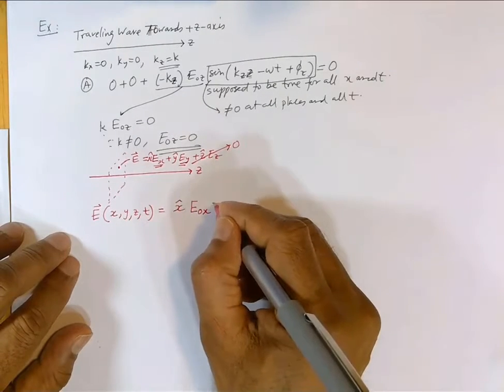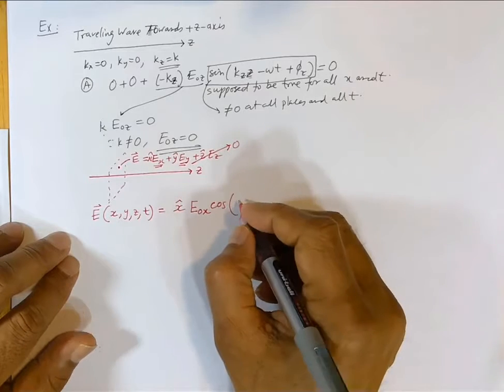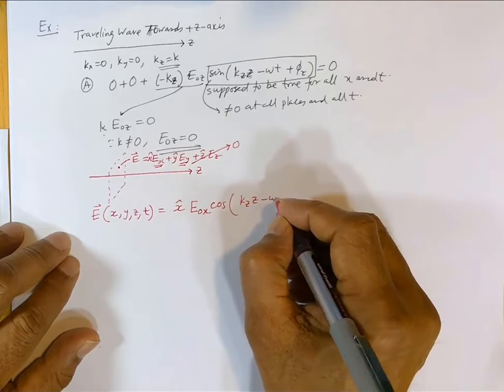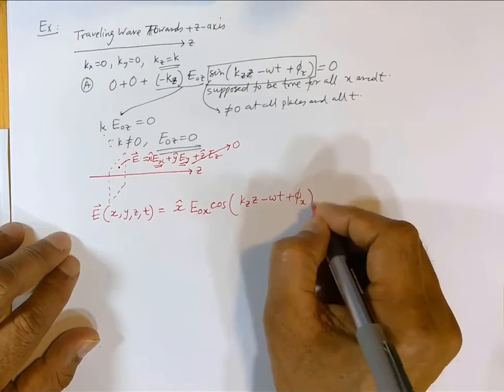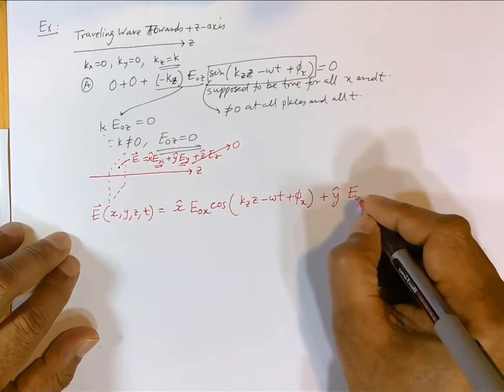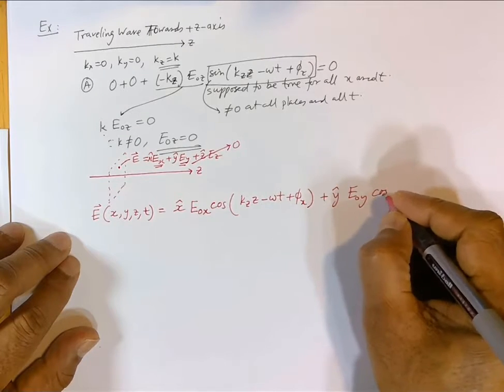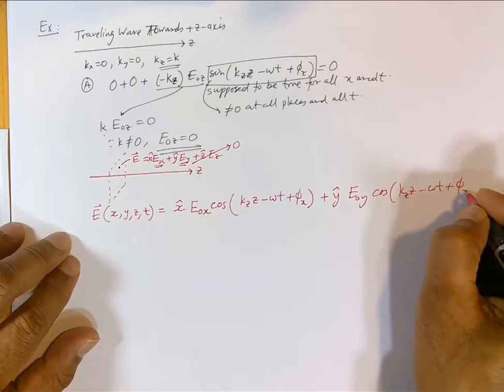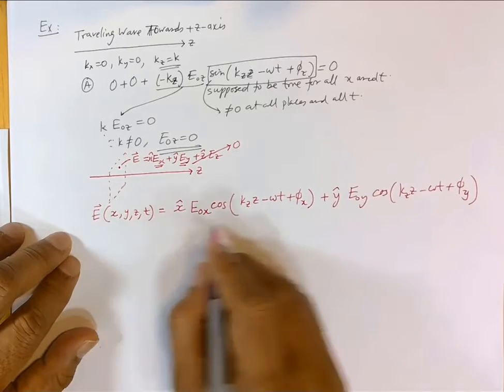E0x cosine of kz z minus omega t plus phi x plus y hat E0y cosine of kz z minus omega t plus phi y. It's going to be just like this.